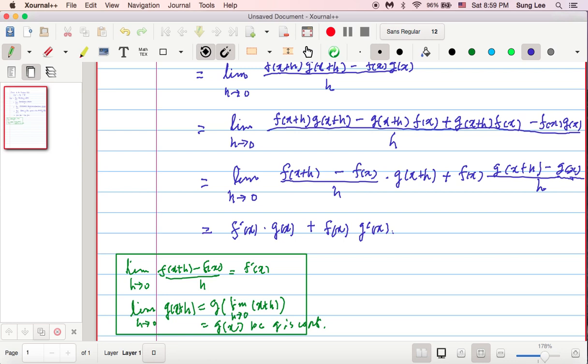Earlier I was hesitating to say something. Students can easily understand if I say, okay, g is continuous, so the limit can go inside the continuous function, but I personally don't like that kind of expression. It's not a mathematical procedure, but it sounds like the limit can work into the function inside.